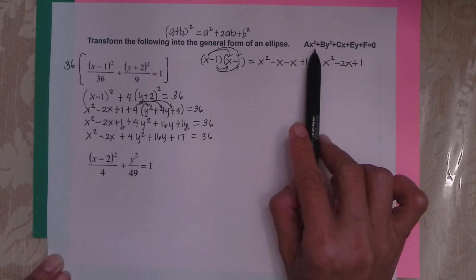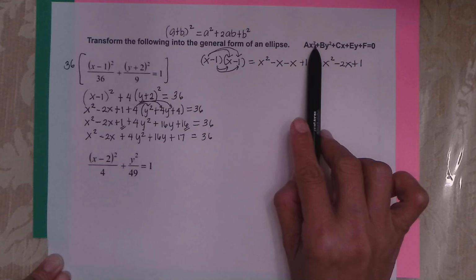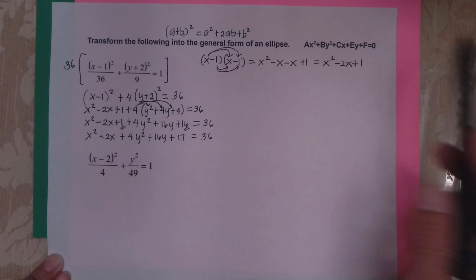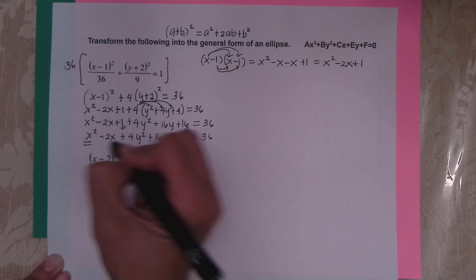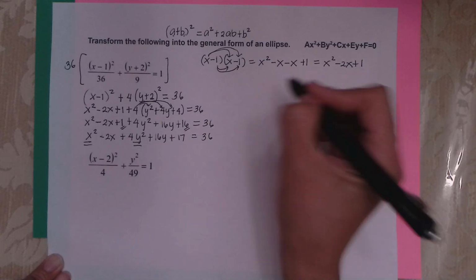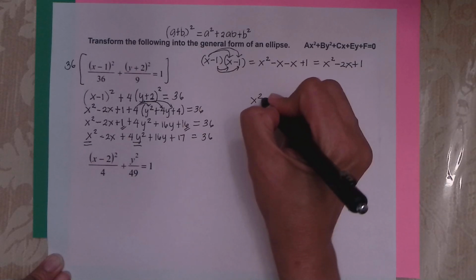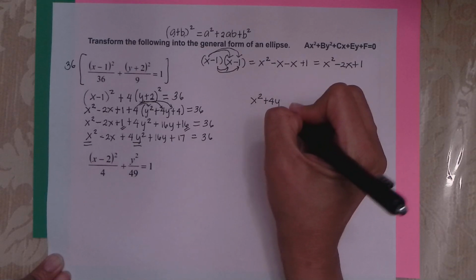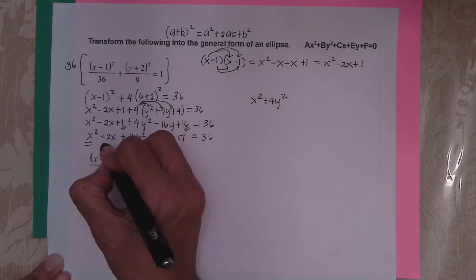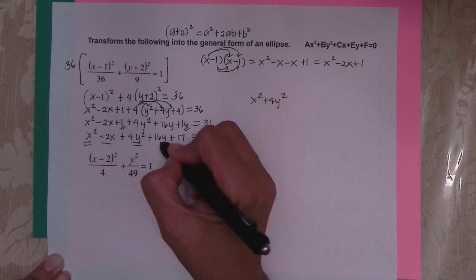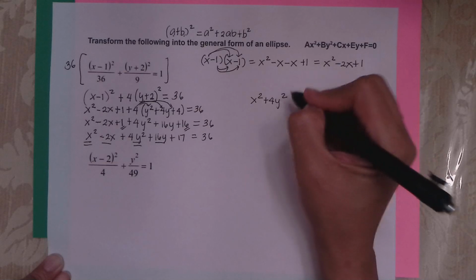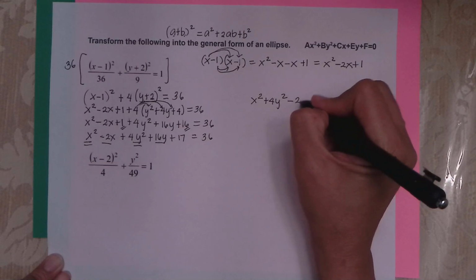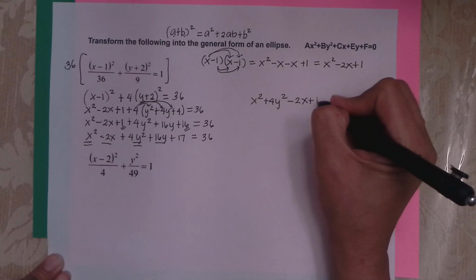So we have to write the second power of x and the second power of y side by side. So we have x squared plus 4y squared followed by negative x and 16y. Negative 2x plus 16y.